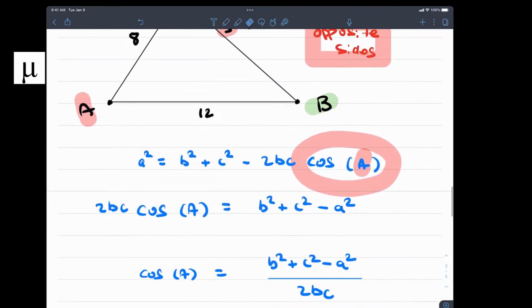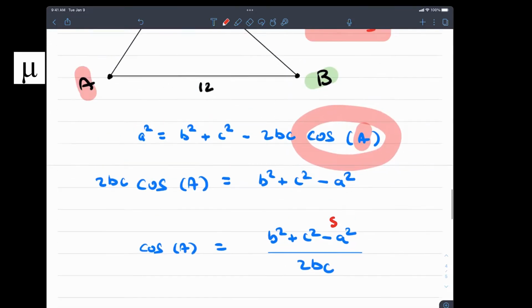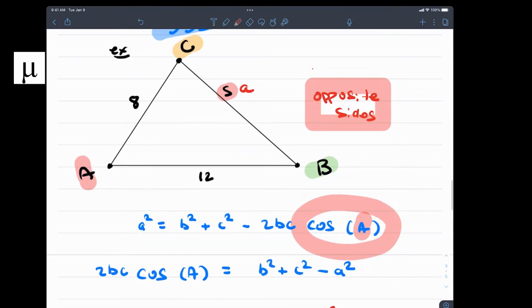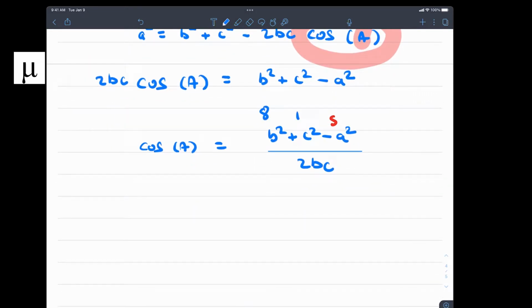What's little a again? It's 5, right? So remember now, I'm going to say this is 5 for little a. And then that means B and C, these others, it really doesn't matter. 8 and what? 12. So we're going to do 8 and 12.